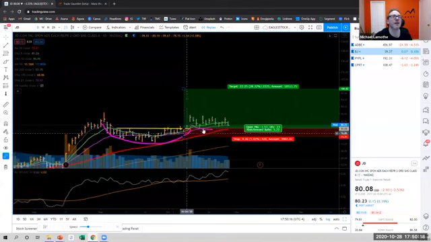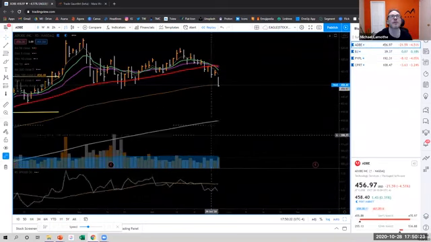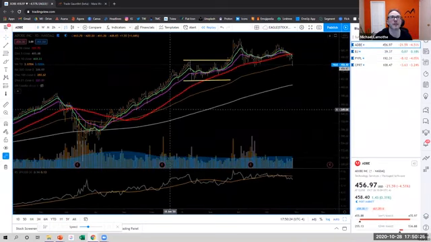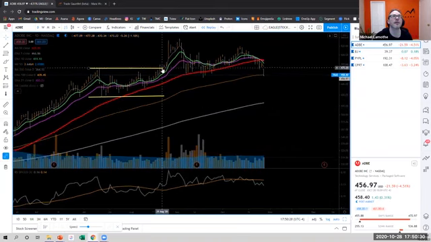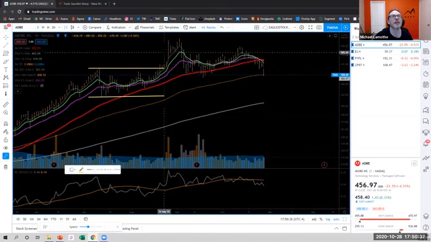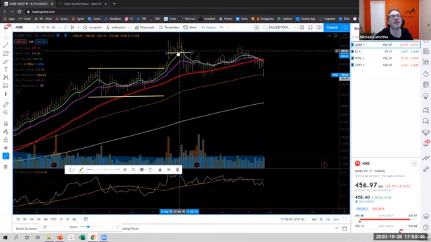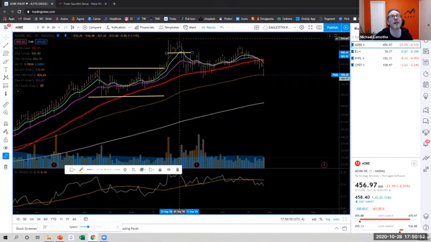So let's go through, say, Adobe. All right, so on Adobe, we had this move, it broke out, and then over here we had this little consolidation, broke out, and it had this level right here. That would be a place to set a backstop because you have a price consolidation, it breaks out again.